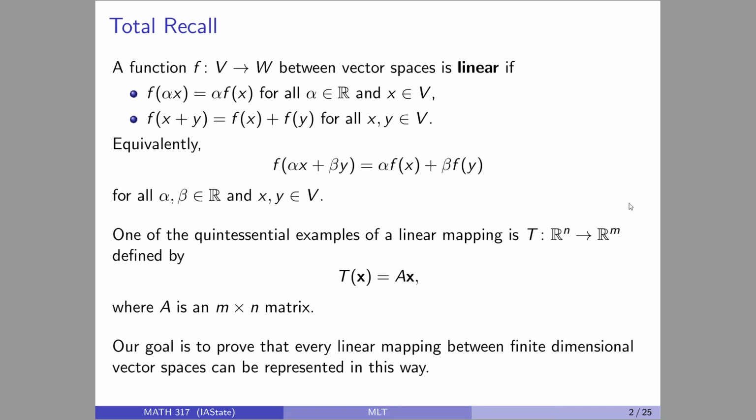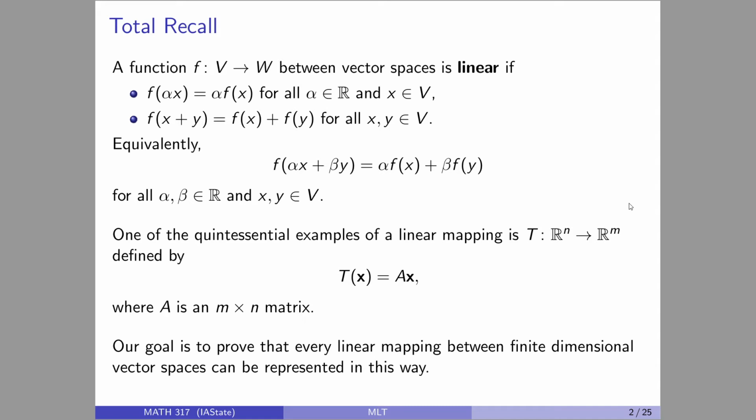It turns out that linear mappings between finite-dimensional vector spaces are basically multiplication by a specific matrix. And that's the main goal for today, is to prove that every linear transformation in the finite-dimensional setting is basically just multiplying something by a matrix. And that's it.